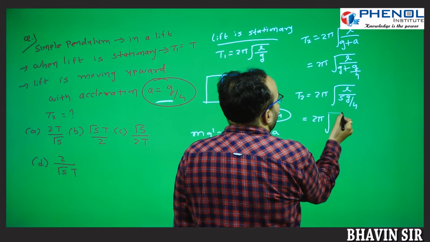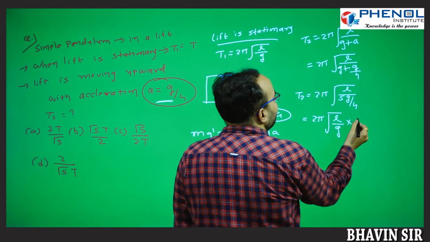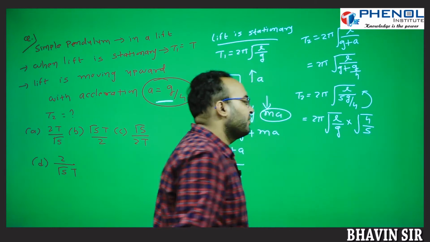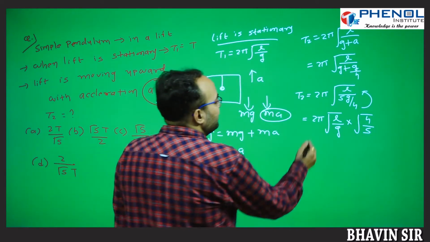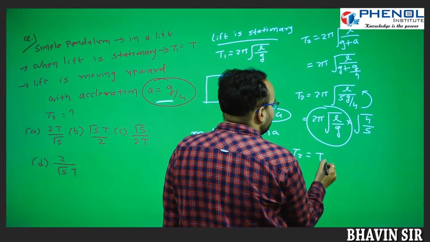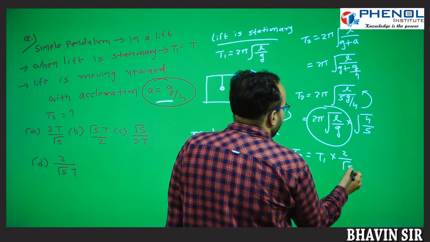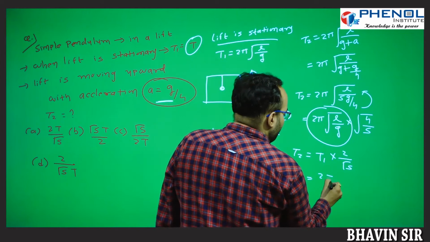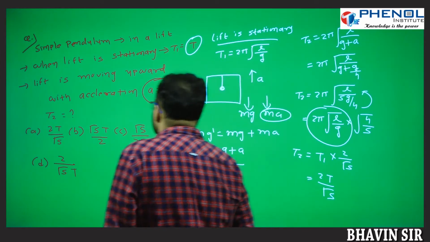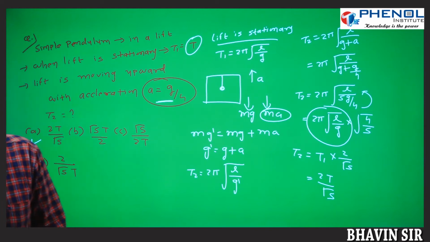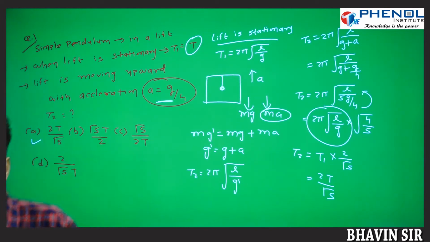So 2 pi under root L by g, and since it is upward, we write root 4 by 5. Now this is T, the original time period when the lift is stationary. So the answer is 2T by root 5. This is the final answer.